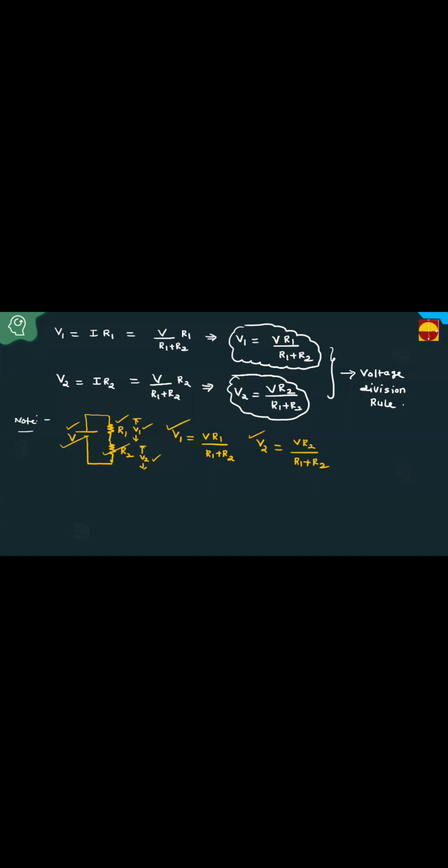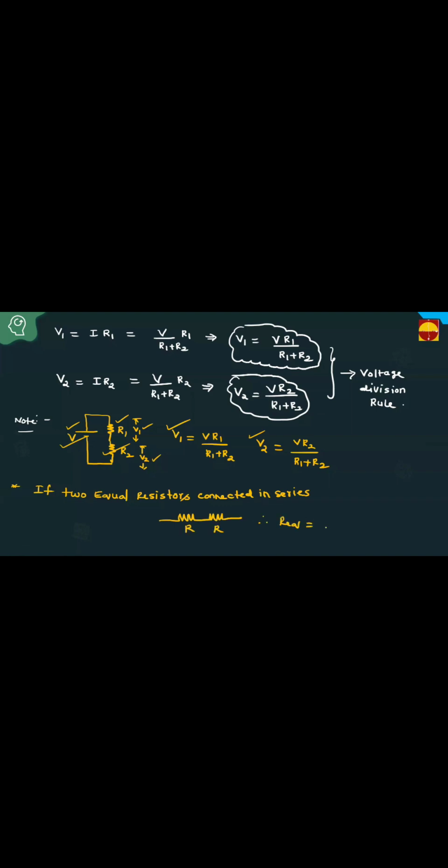If two equal resistors are connected in series, this is R and this is also R. If two unequal resistances are there, it would be R1 plus R2, but here both are R. Then what is R equivalent?